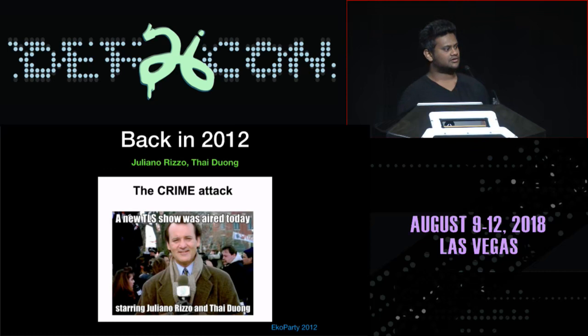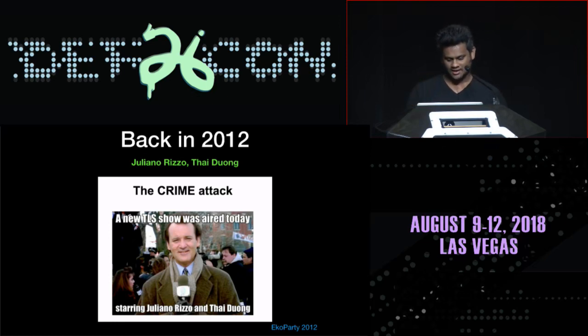Even protocols like SPDY, which is the precursor to today's HTTP/2, had them. What these guys, Juliano Rizzo and Thai Duong, did was a real-world compression oracle attack on websites like PayPal and GitHub and stuff like that.